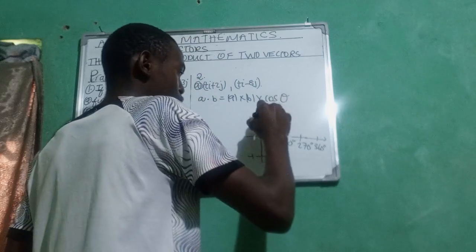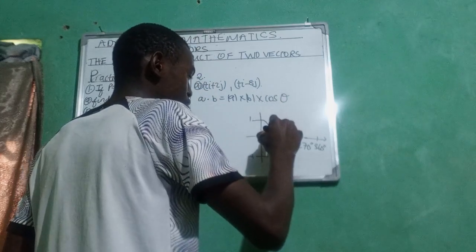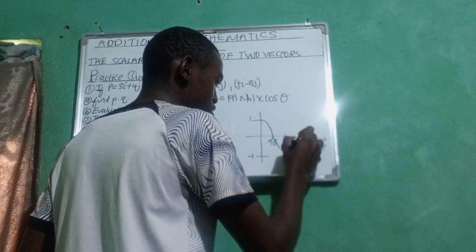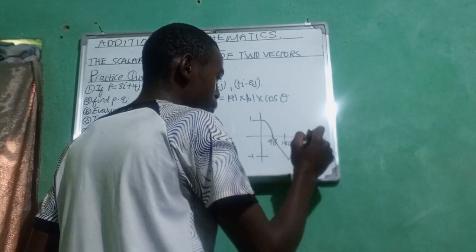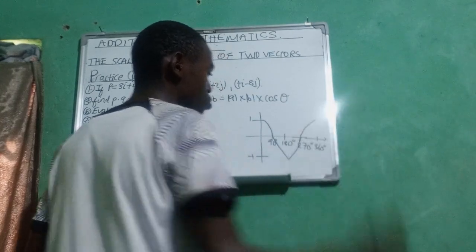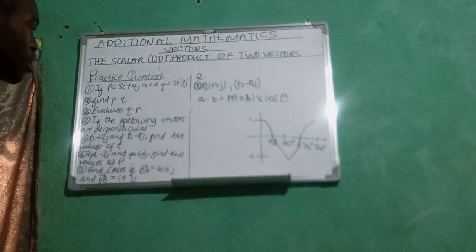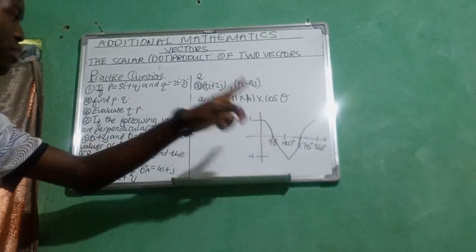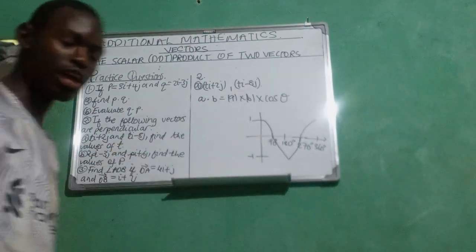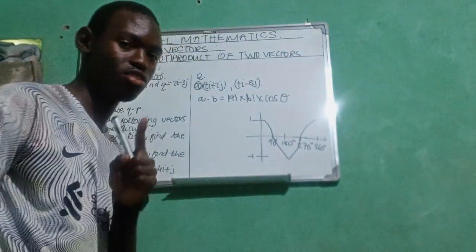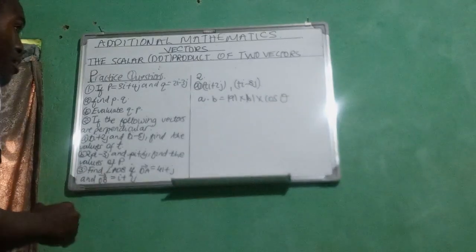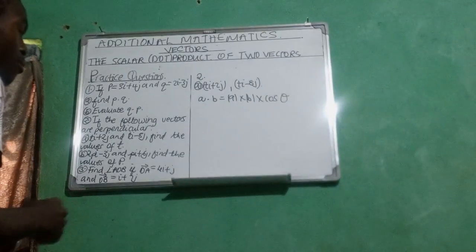So it begins from +1, at 90 degrees it's 0, at 180 degrees it's -1, at 270 degrees it's back to 0. Then when it goes to 360 degrees it's back to 1. This is the curve. So what am I trying to say? When they're perpendicular, it means they form an angle of 90 degrees. Therefore, if you punch on your calculator cos 90, it will give you 0. Cosine 90 is 0. So A dot B we know is 0.